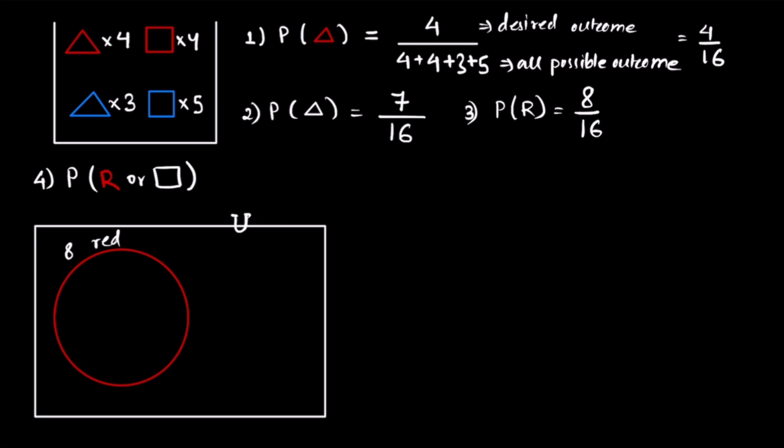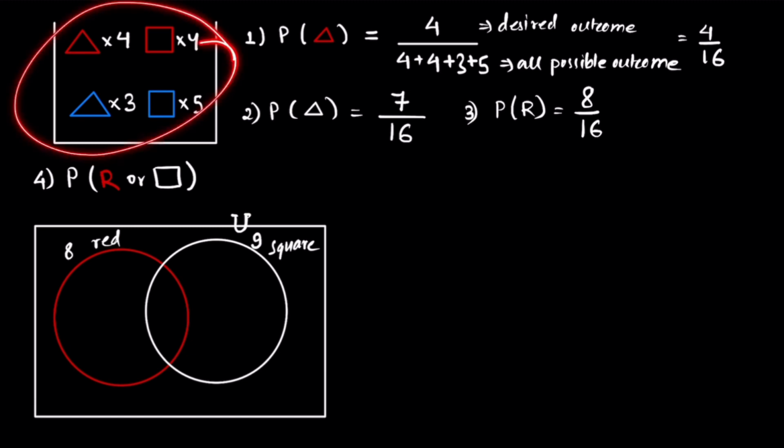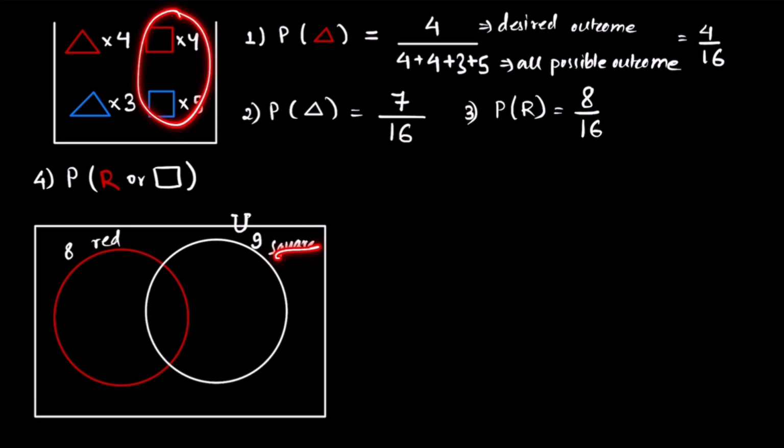Then you also have your possibilities of getting a square. There are altogether 5 plus 4, 9 squares that you can get. But the thing is, when you pick stuff at random from this bucket right here, you have a possibility of getting red because there are red stuff, square because there are square stuff, and also your square as well as red stuff, which is the common between the two.